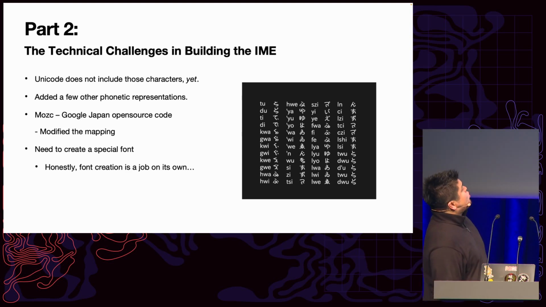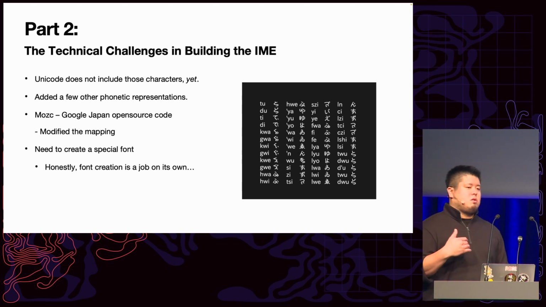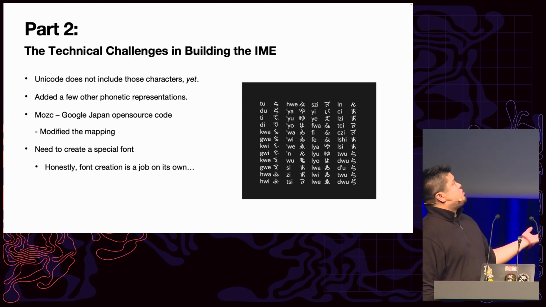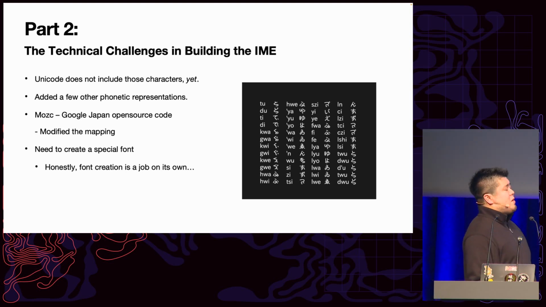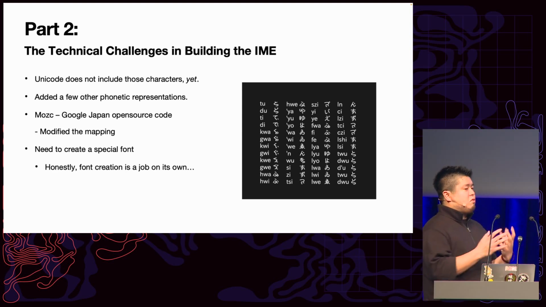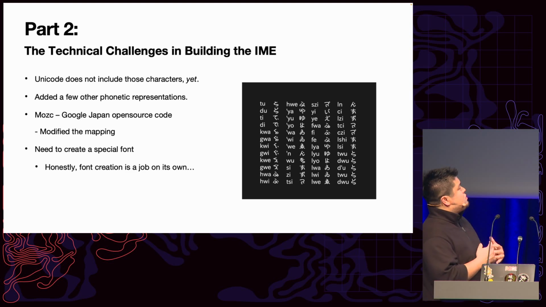So I added a few, and in order for those typing systems to exist, you need to have the input method engine. So there's an open source project out there called Mozuku, which is a Google Japanese input method engine open source project. So I modified a few codes, basically the mapping of the characters and how it's represented and how the dictionary form is created and so forth.